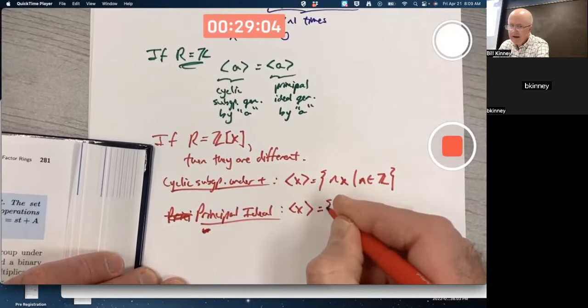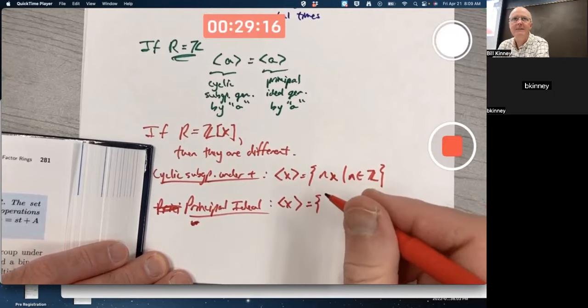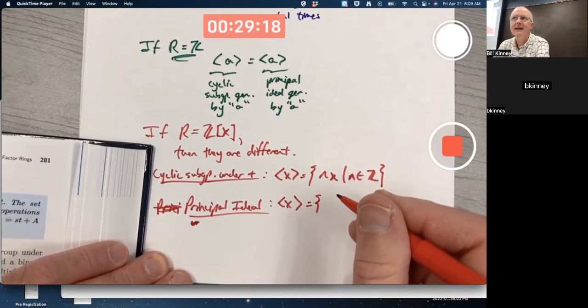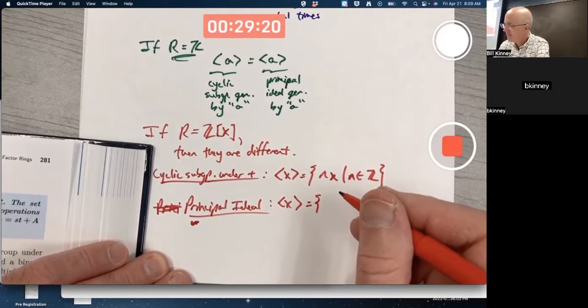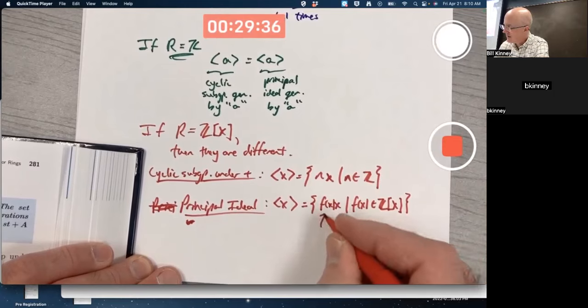If you want to emphasize the elements are polynomials, by the way, x is meant to be a polynomial here. I didn't really emphasize that as well as I should have. It's all polynomials f(x) times x, as f(x) varies over Z[x]. So I'm using function notation here.